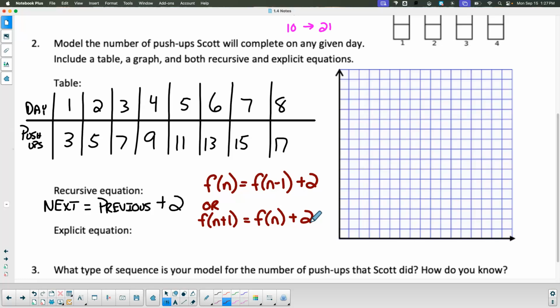Days. So days is going to go down here. Can we go by 1? Yeah, I would think we could. Which means vertically then, what are we going to go with? Push-ups.